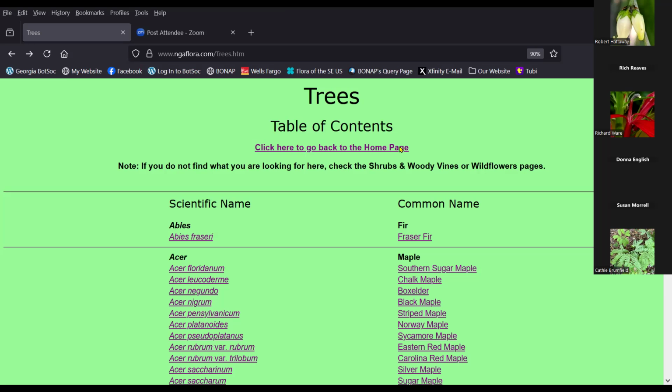In the last 2 months, they've got thousands of my pictures on that website. I've just started using FloraQuest in the last 3 months, and as Massey said, it is a game changer, especially when you don't want to lug books around, and you don't have to be connected to the internet. That is a real plus. Some of these other apps, you have to take a picture of the plant and then submit it to the app later.